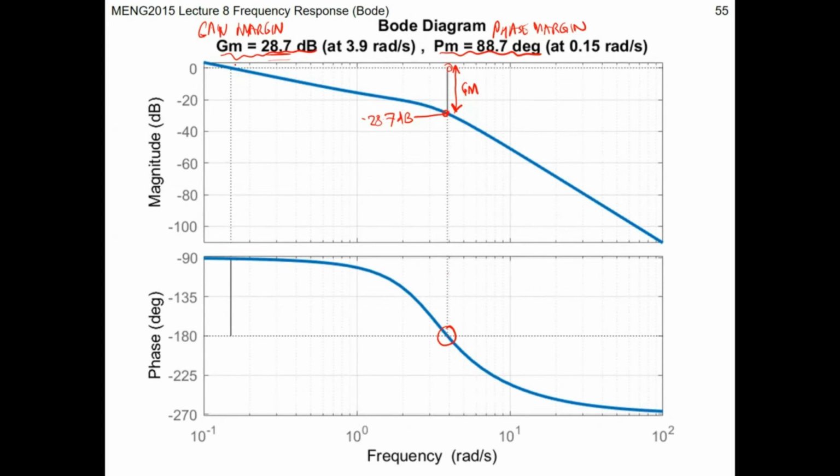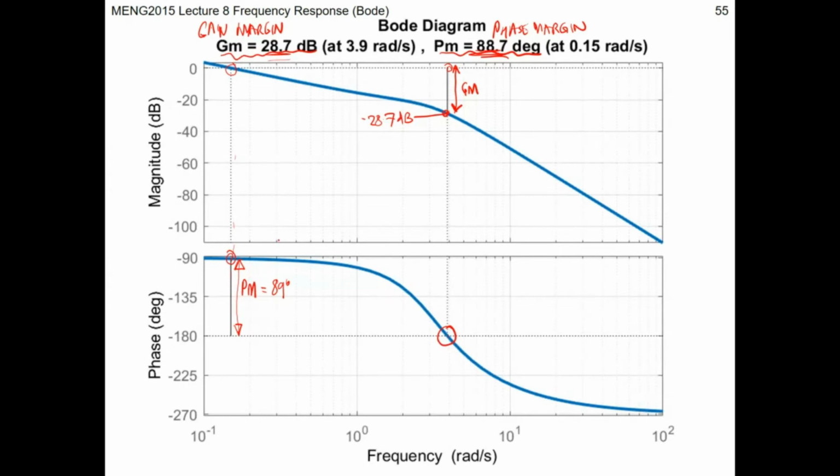You also see that we've taken a line from where the magnitude plot crosses 0 decibels. We've taken that down to here, and we've called that distance between the value of the phase where the gain line crosses 0 dBs and minus 180 degrees phase the phase margin, and as we can see here, the phase margin is 89 degrees or so, as is stated at the top here.